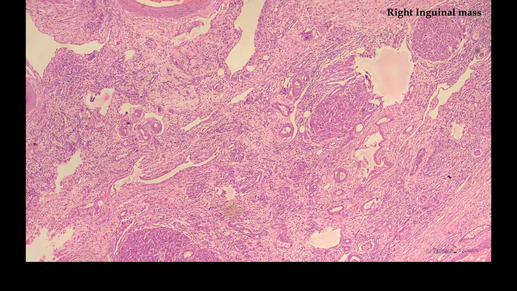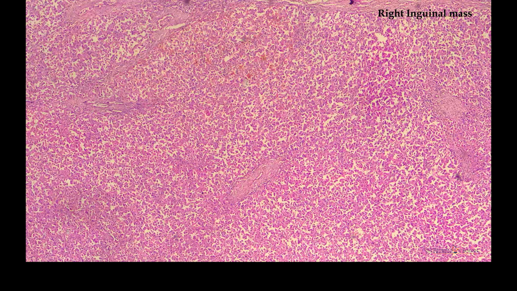Next. This is from the tumor, in which we could see again the same sheets of tumor cells at places having a yellowish brown lipidized pigment, and scant fibrous septa. Some of the septa showed a little bit of lymphocytic infiltrate. Next.